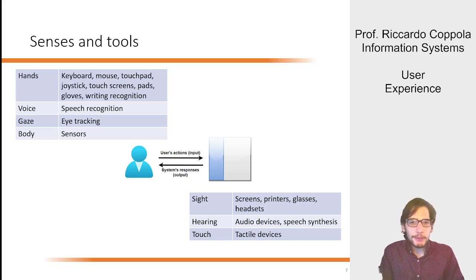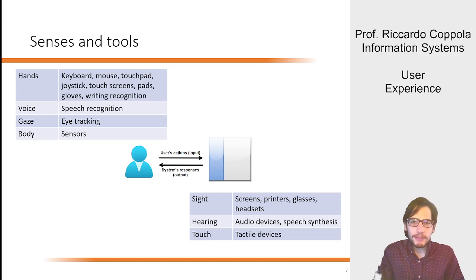On the other hand, we have different senses that can be involved in reading, in acquiring the responses from the system. We can use our sight to read or visualize some information that is provided by the system. So we can have screens, printers, headsets that will rely on the fact that we can view the results of the system computation. But we can also have audio devices and speech synthesis mechanisms that rely on the hearing sense of the final user.